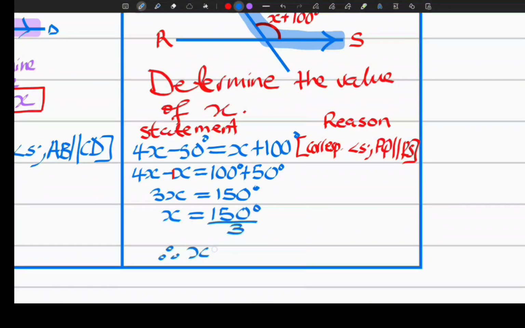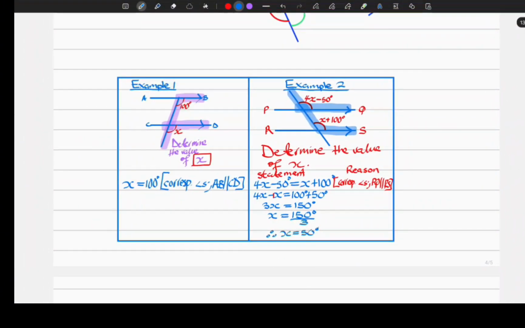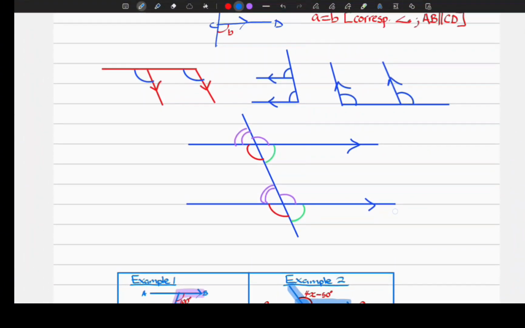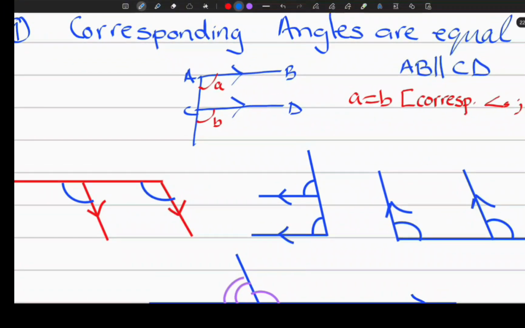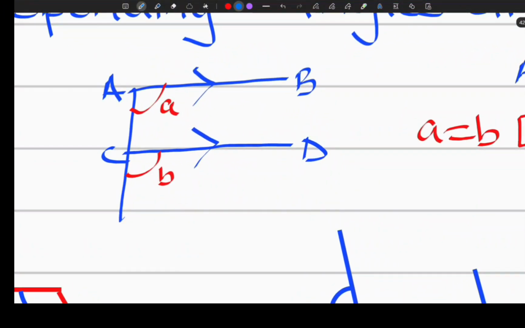Therefore, the value of x is 50 degrees. That's it. And this is how we have used corresponding angles are equal to determine the value of x in these particular instances. So watch out for the letter F, and usually the presence of parallel lines indicates that there is a chance that we have corresponding angles.